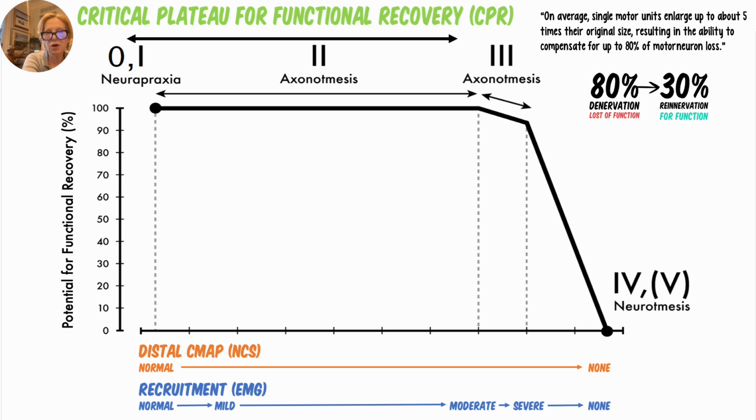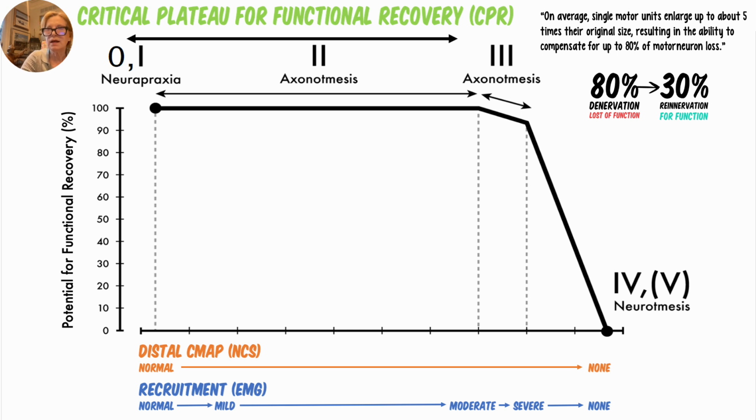And then below that on the EMG, what we talked about, normal recruitment, mildly reduced, moderately, severely reduced, or NR, no recruitment. So you can have a different type of injury, but on the CMAP, you would have nothing on the CMAP for the neurotmetic injuries, and then on the normal, you'd have a good number.